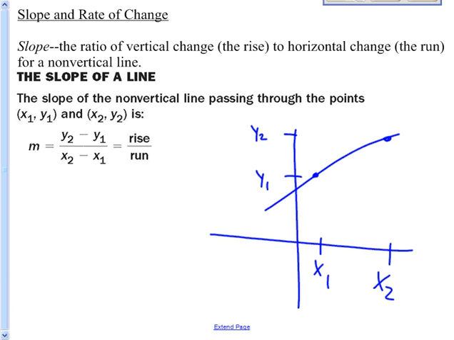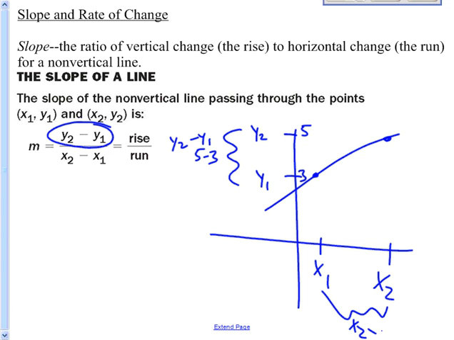So the ratio of the vertical change, y2 minus y1, so the difference here, like let's say this was 5 and maybe this was 3, 5 minus 3 is our difference there. So we have y2 minus y1 over x2 minus x1. Like maybe this is 1 and this is 4, so 4 minus 1, which is 3.